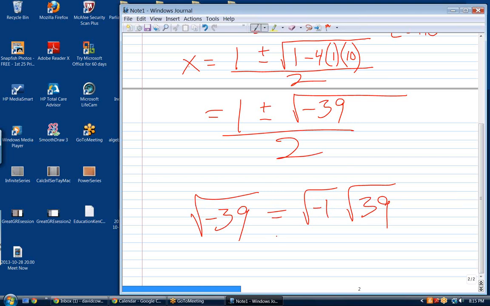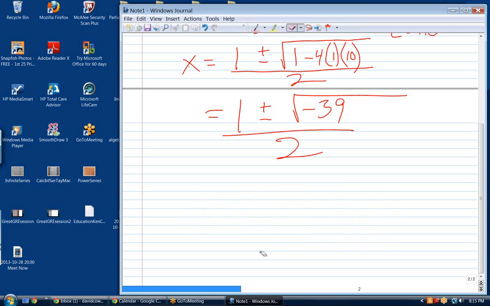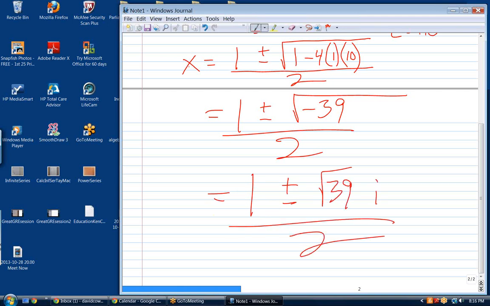Now, what is this? That's equal to i, and this is the square root of 39, which doesn't simplify. That's square root of 13 times square root of 3, both of which are prime numbers. So my answer to this equation is 1 plus or minus square root of 39 i, all over 2.